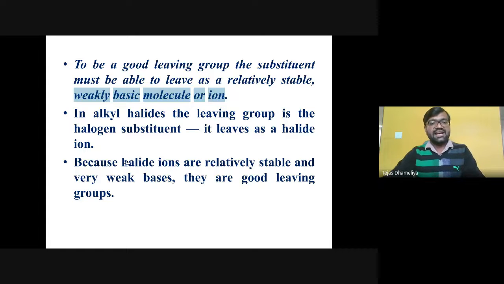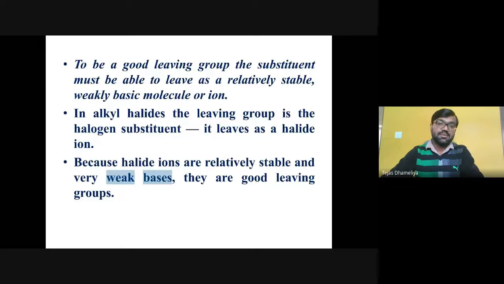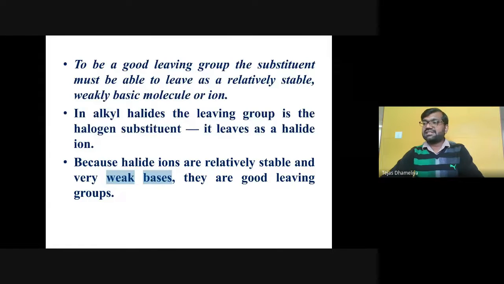And halide ions are one of the ions which are very weakly basic: F minus, Cl minus, Br minus, I minus. So they are all negatively charged species, and these negatively charged species can occupy this electronic charge on their head much more easily.